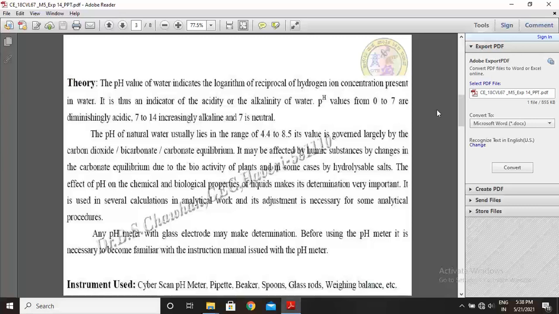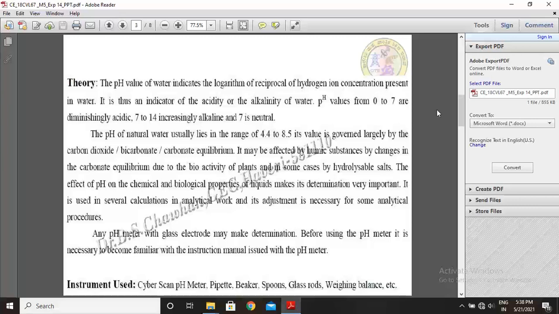It may be affected by humic substances. The effect of pH on the chemical and biological properties of liquids makes its determination very important.